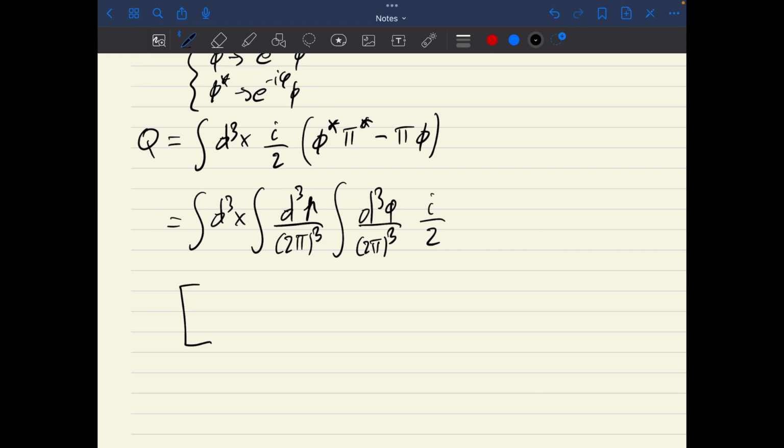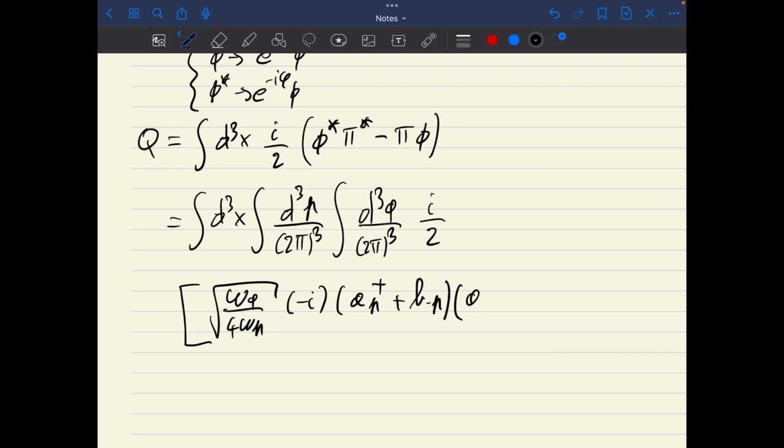So the first term is just omega Q omega P, with a factor minus i, and we have the operators here, B minus P. In order to see that, you really need to use what we had in the previous questions.